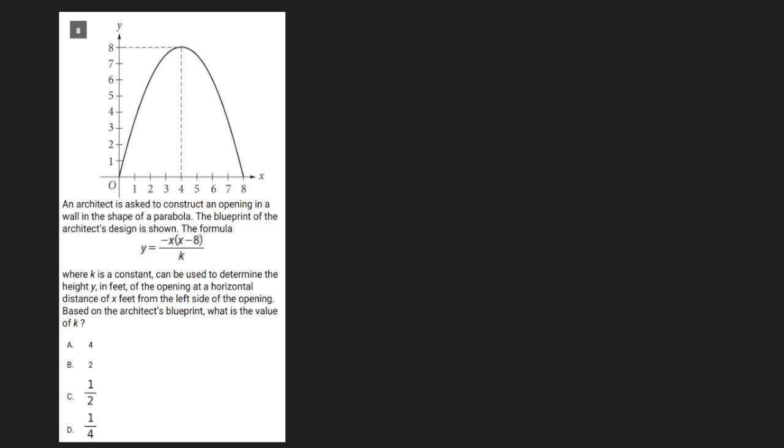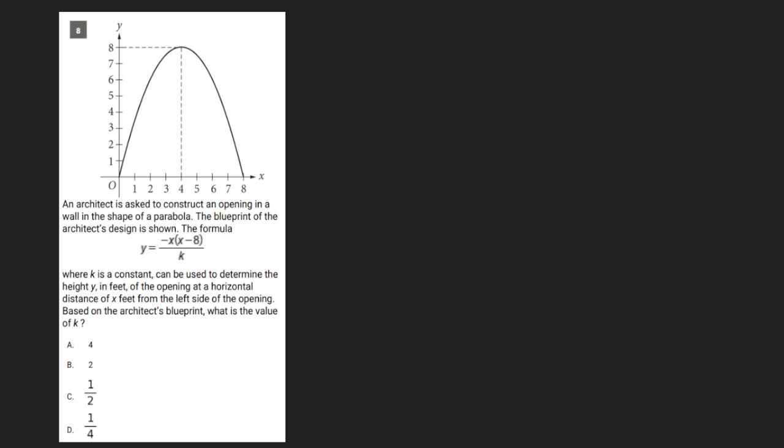An architect is asked to construct an opening in a wall in the shape of a parabola. The blueprint of the architect's design is shown. The formula is this, where K is a constant. What is the value of K? K is a constant that can be used to determine the height y in feet.